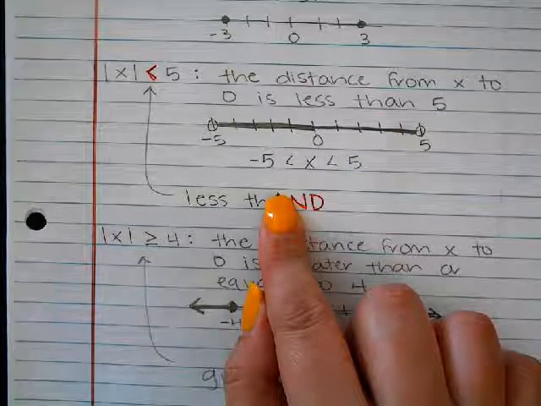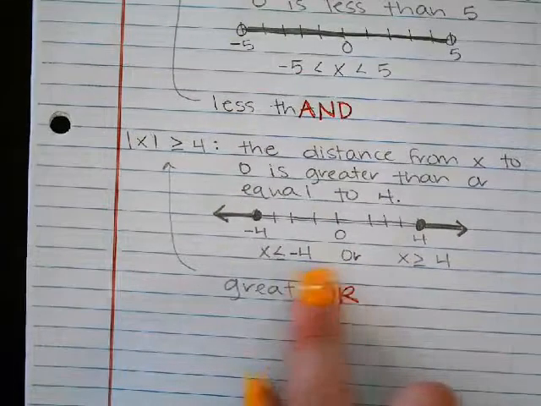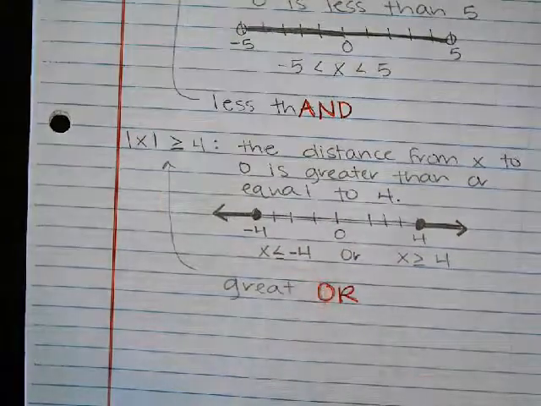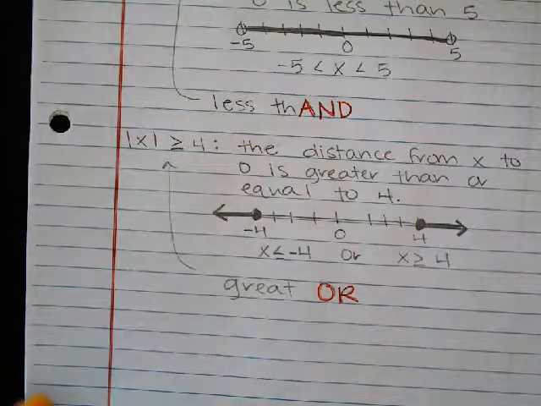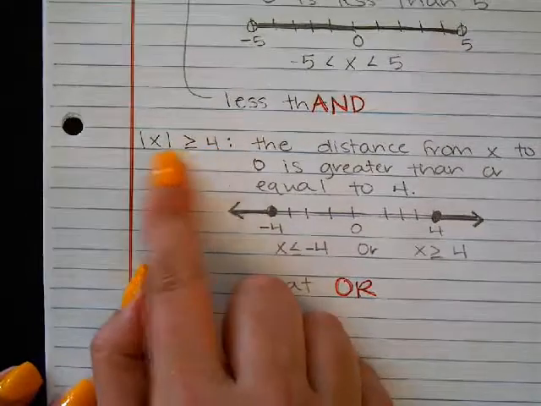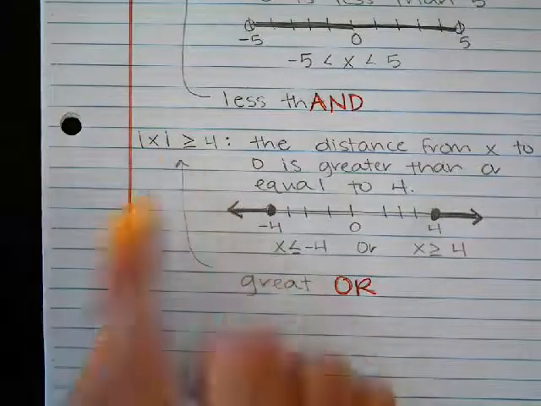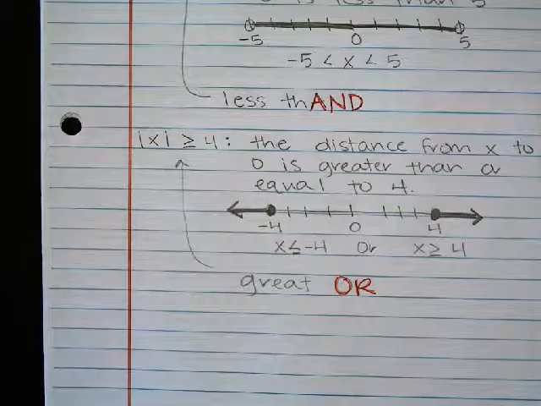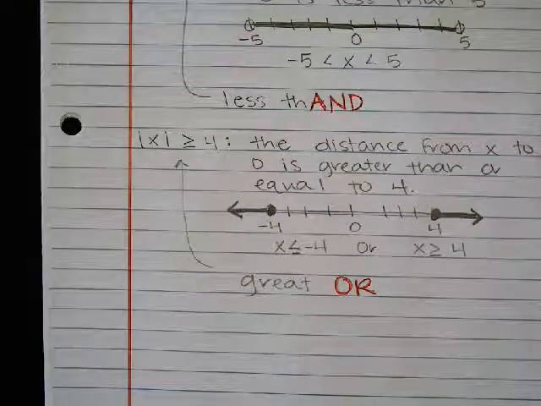And I could have used the wrong symbol and done the sandwich version, and my numbers still would have been -4 and 4, but my answer would have been completely wrong. Okay? So it's really important that when you get to this point, you're paying attention to which way the symbol goes, because when it comes down to it, it's probably not the numbers you're going to get wrong, it's probably the symbol.